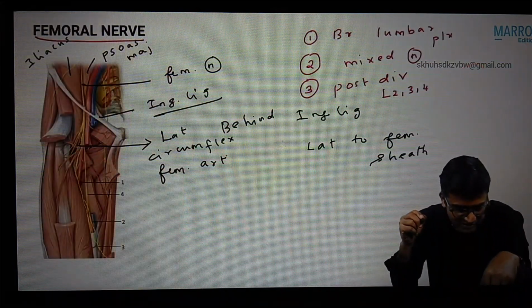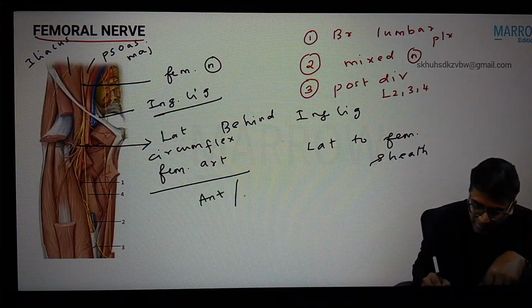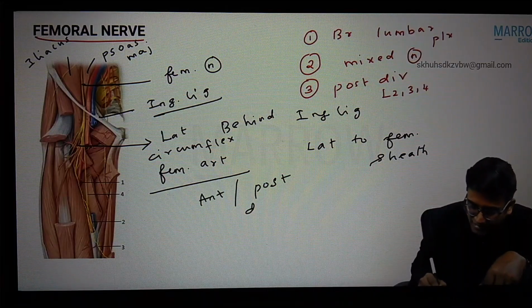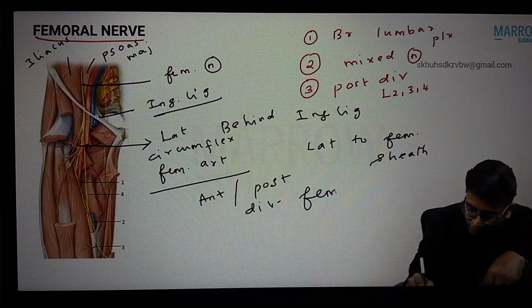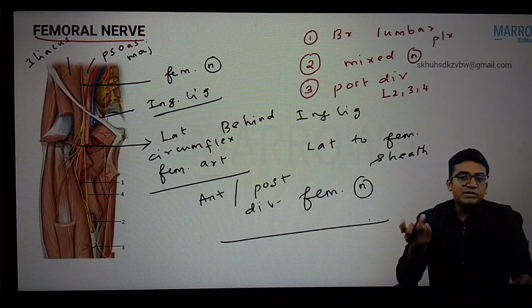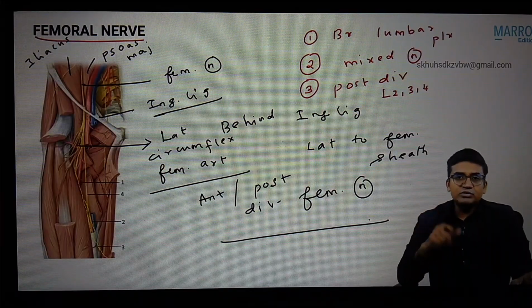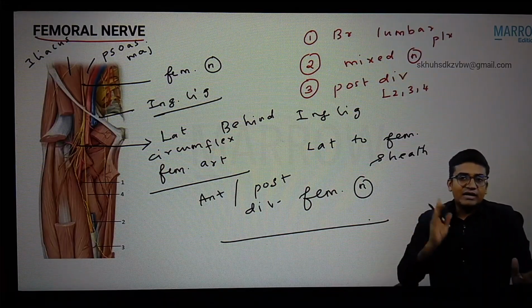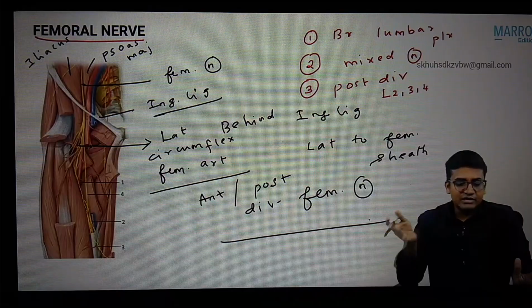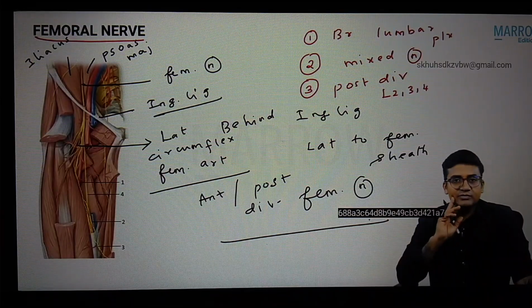So, a very important question: what is the structure which divides the femoral nerve into anterior and posterior division? Our lateral circumflex femoral artery, which is present between the two divisions of the femoral nerve.